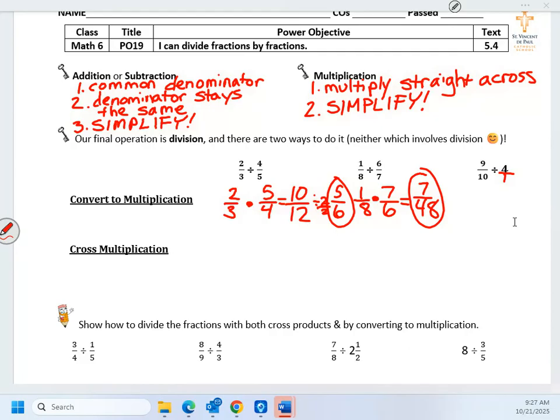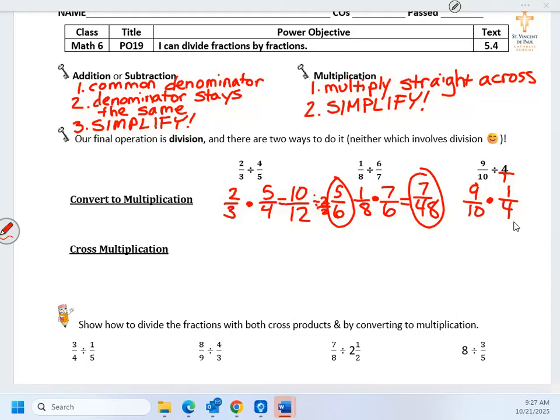To get 1 over 4. Okay. What's the rest of my equation look like? Michael? 9/10 times 1/3. Yeah. So remember, the first fraction stays the same. I flip dividing to multiplying, and I flip my second fraction to its reciprocal.